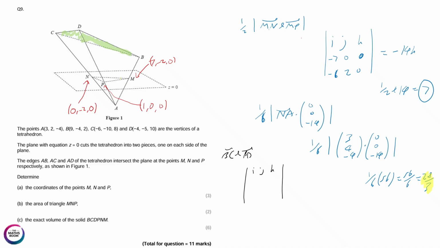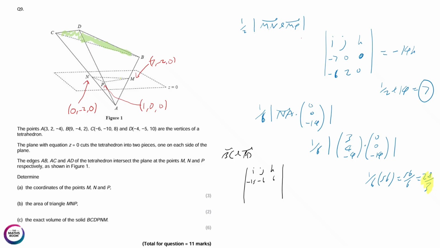IJK, so BC, so C minus B, is minus 15. Yeah, that makes sense. So C minus B, yeah, so it's going to be minus 6, and it's going to be 6.